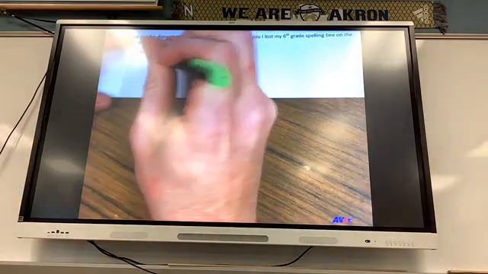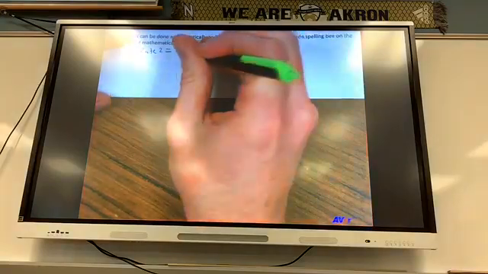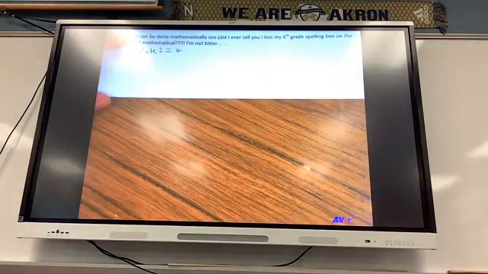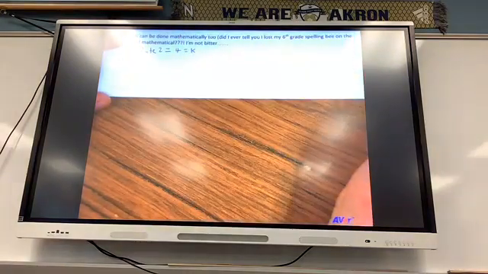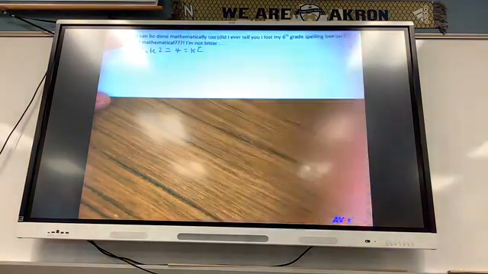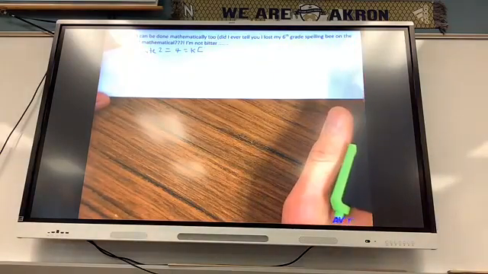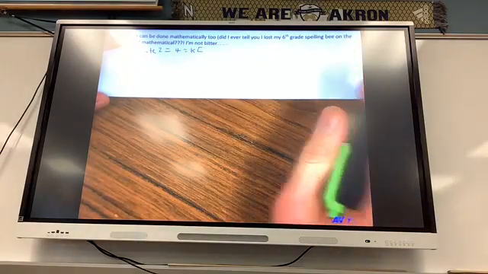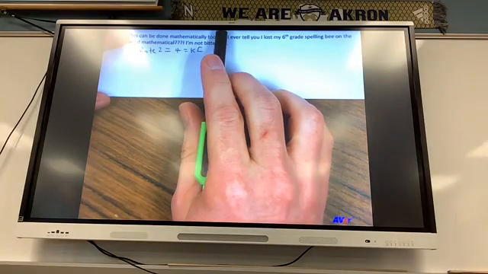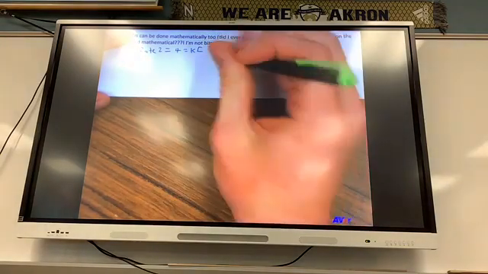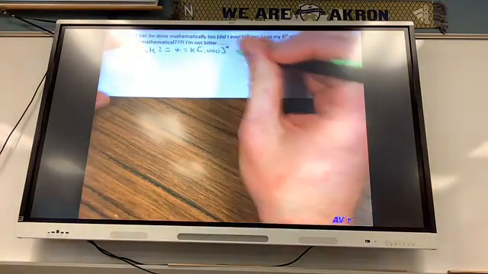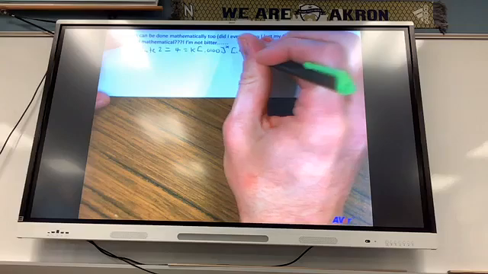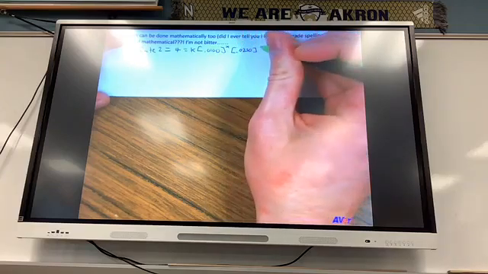If I start out with rate 2, that's equal to 4. Agreed? I'm leaving units out till later. That's equal to K times the concentration of the first thing, 0.0100 to the x, times 0.0250 to the y.